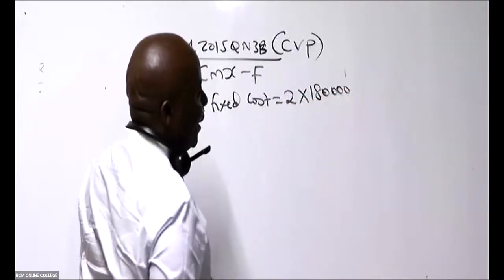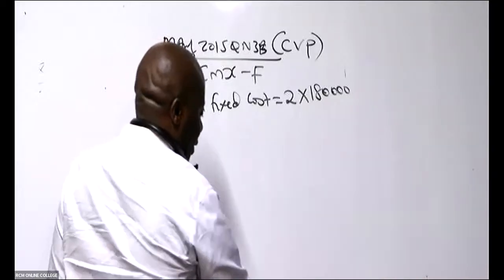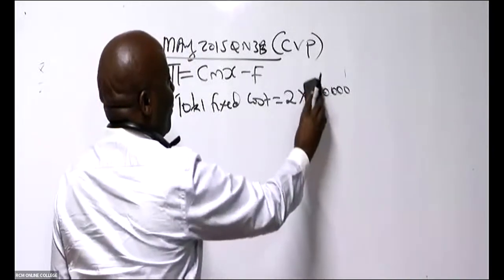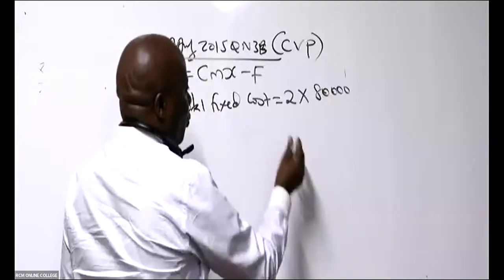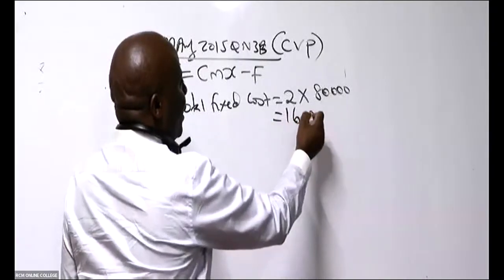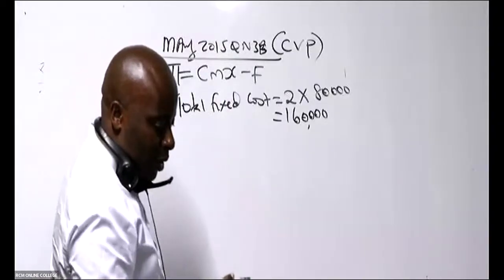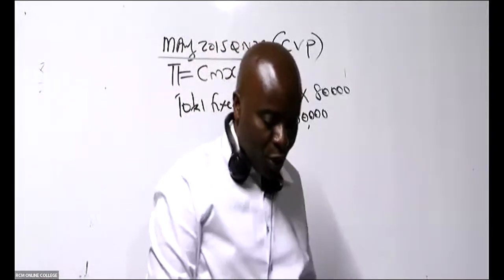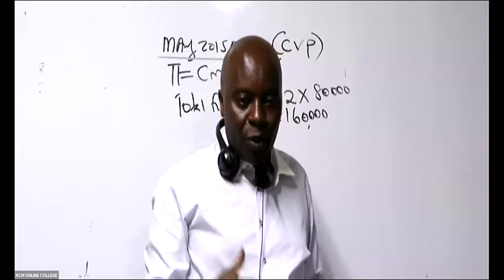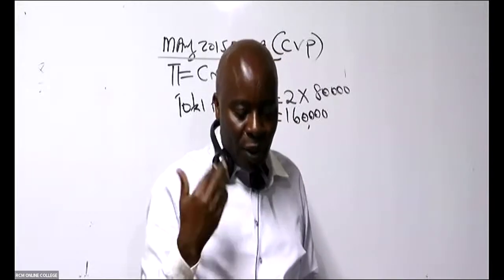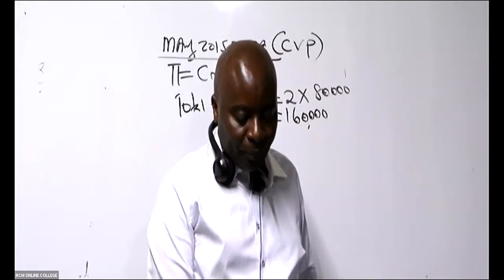Is it 180 or 80? 80,000. So then this gives us total fixed cost of what here, somebody? This is the current fixed cost, which will be used in our question as we continue. Great. So at least we have a mark. We are reasoning like heads of departments now.